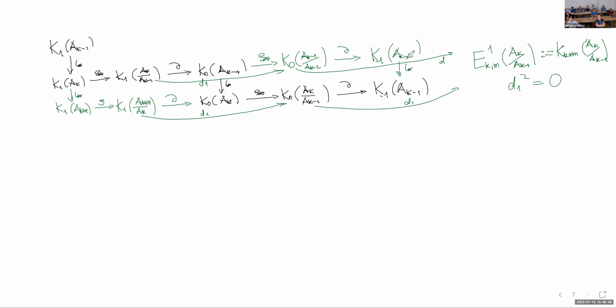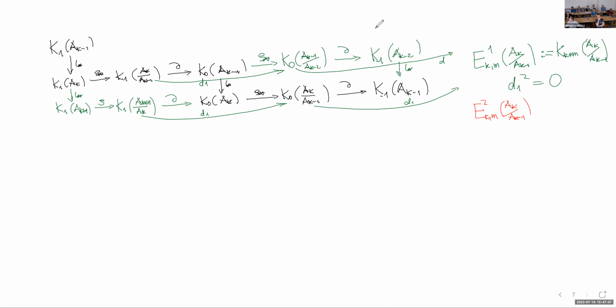Now, the second page goes by induction. Maybe I would like to change the color. So A2 Kn. I just would like to remember on which position it is.